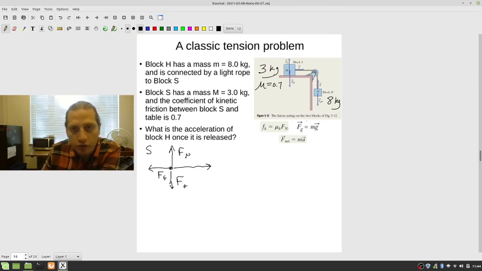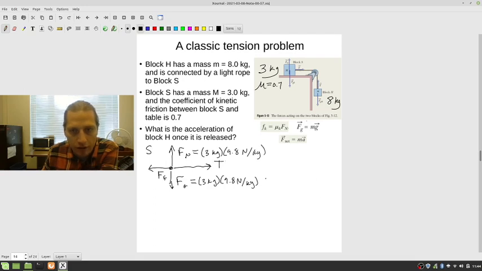Now for this block S, this gravitational force is known, so that's 3 kilograms times 9.8 newtons per kilogram. Okay, and since the forces are balanced in the y direction, we know that this normal force has to have that same magnitude. We don't know, however, how big the tension force is, and we're going to have to figure it out by linking this to block H.